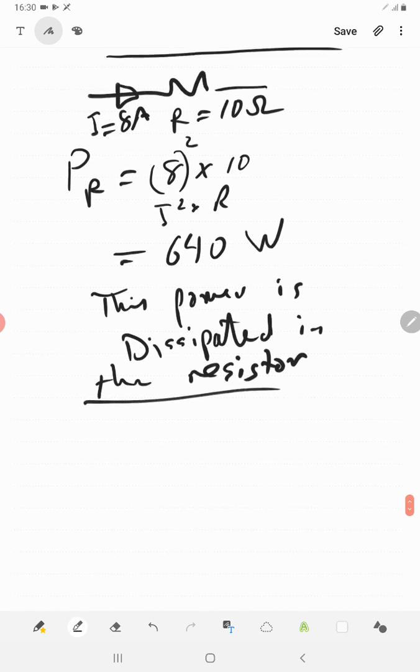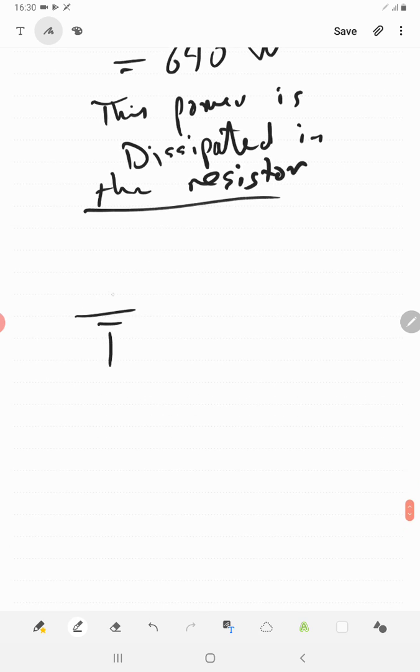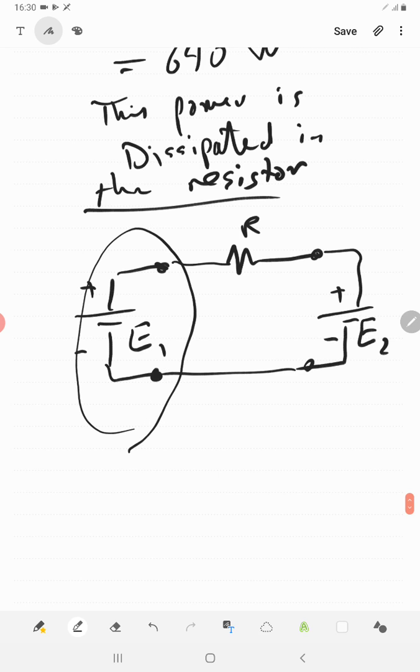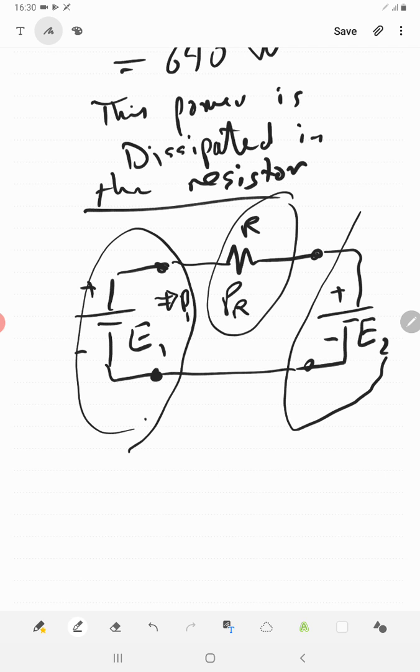So let's look at the circuit again. We have E1, and we have a resistor here, R, and we have another voltage source, plus minus E2. Now E1 here supplies P1. The resistor takes PR, and the second voltage source takes P2.